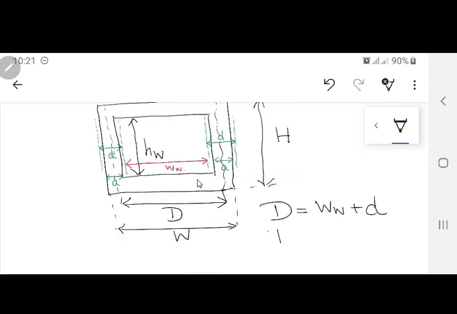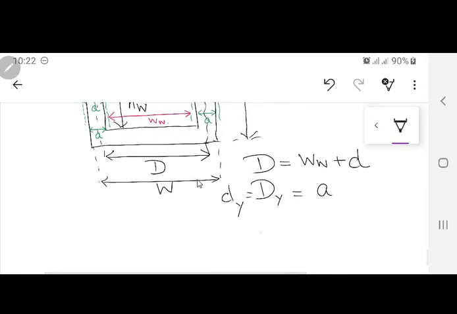And Dy, what was Dy? This is the same Dy which we found in the yoke part. This was equal to A, the largest stamping over there, and H, that was the total height of the transformer.